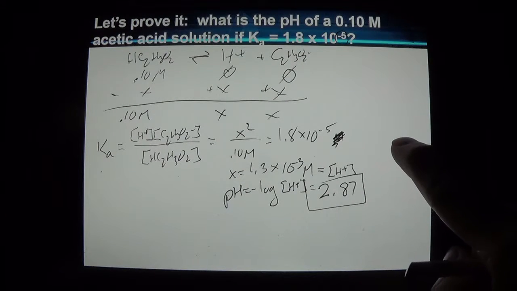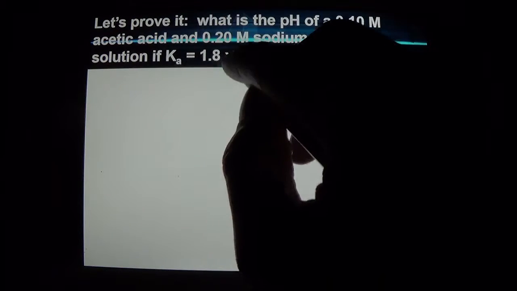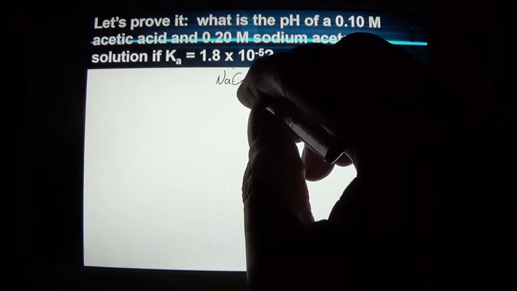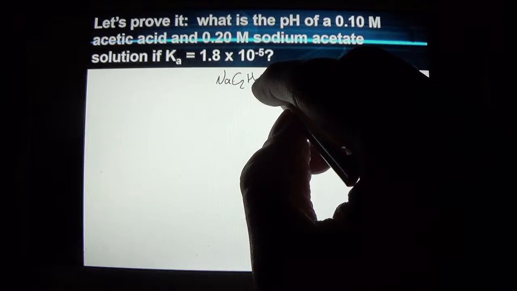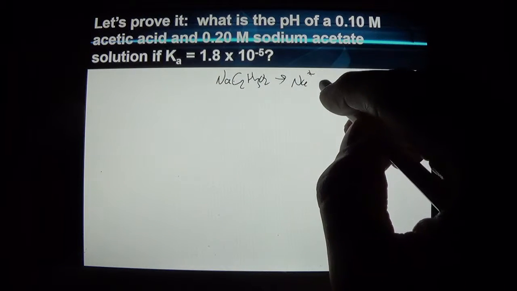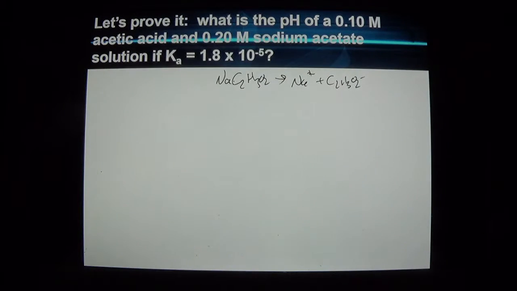Now what I'm going to do is take the same acetic acid, but now I'm going to add some sodium acetate to it. Okay. So what difference does that make? Well, let's analyze the sodium acetate real fast. NaC2H3O2, one-way arrow, Na plus and C2H3O2 minus.